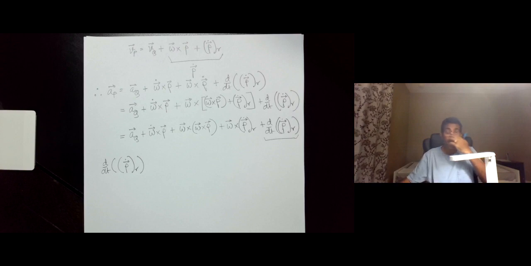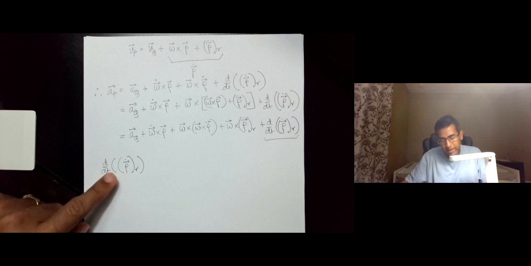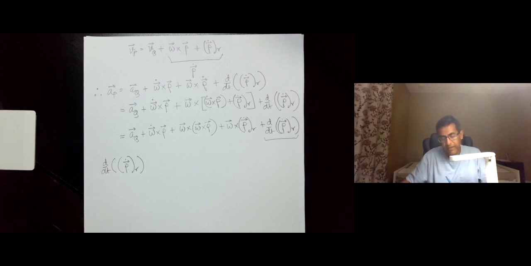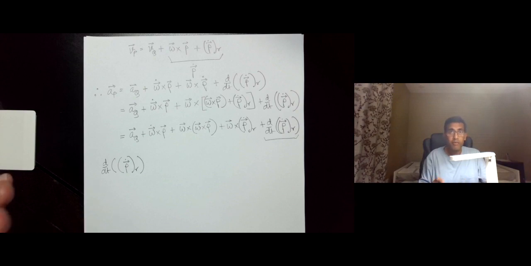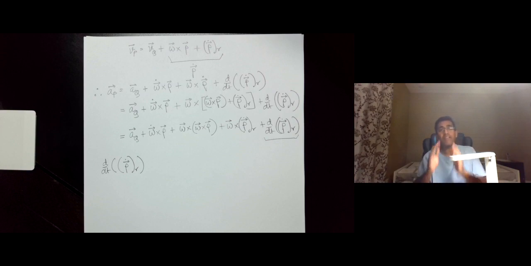So how do we find it out? First of all, note that this velocity, the rho dot r term, is a velocity within a rotating frame. It is inside a rotating frame. Okay, so when we take the time derivative, the time derivative does not care about whether it is inside the rotating frame. It asks the question, what is the net rate at which this vector is changing?